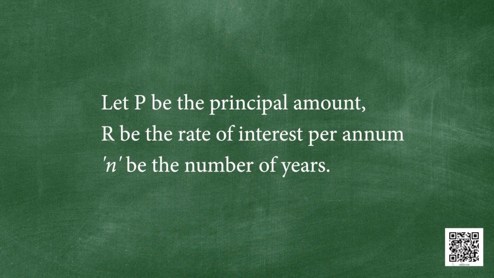Suppose in a bank, interest is compounded half yearly, that is semi annually. Let P be the principal amount, R be the rate of interest per annum, and n be the number of years. Students, since the interest is compounded half yearly, for every 6 months simple interest is calculated at the rate of R by 2, since R is per annum, and this simple interest is added to the principal amount, and this amount will be the principal for the next 6 months.